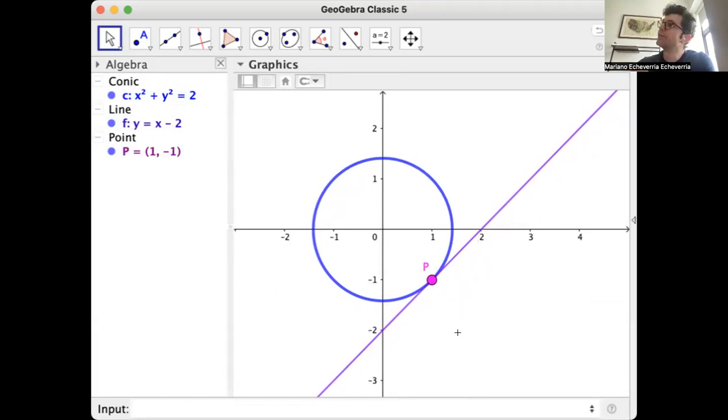So in this first method, the first option was to just solve for y.